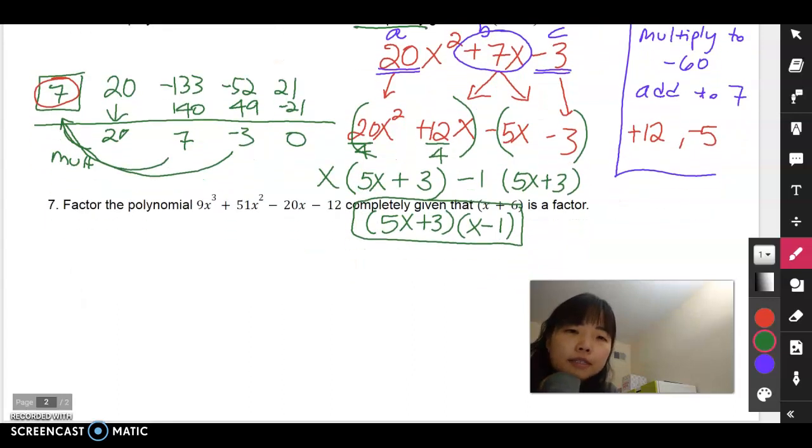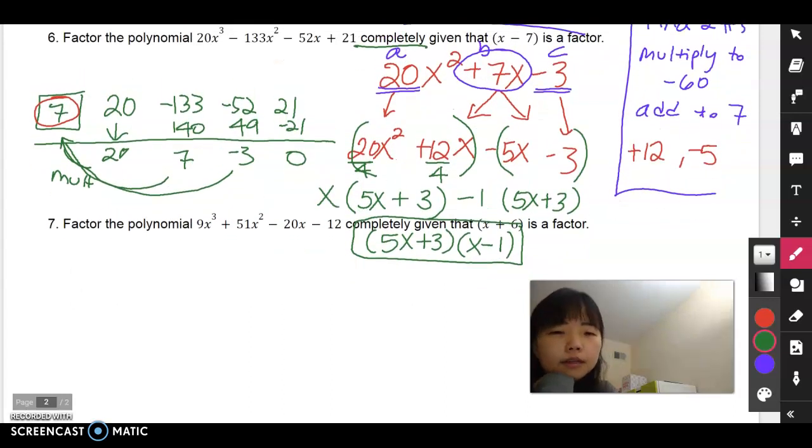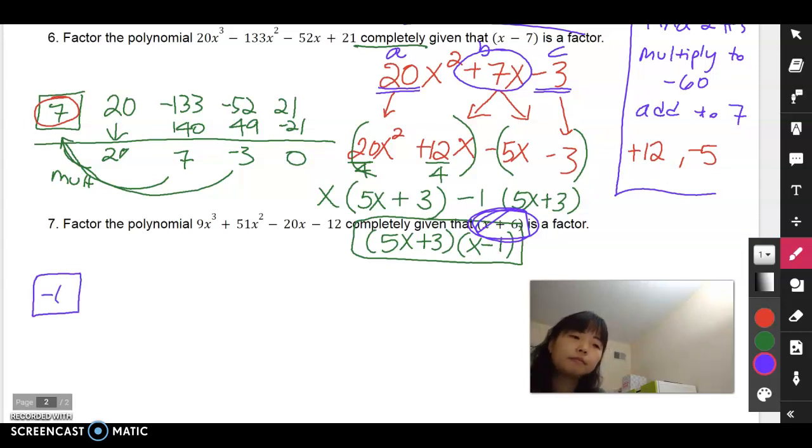Let's try one more time in 7. Sorry, I feel a little bit sniffly. In the box, I'm putting negative 6. And we're gonna put 9, 51.